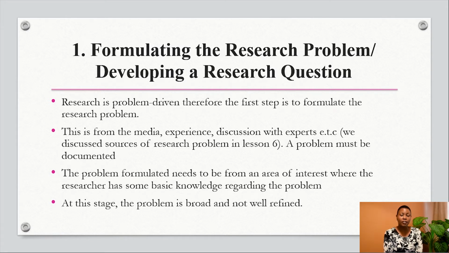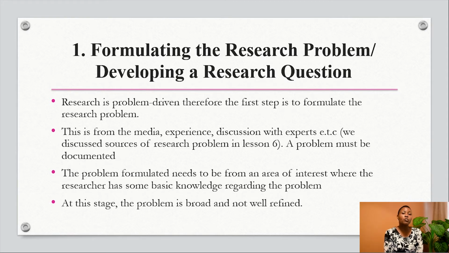In lesson 6, we discussed sources of problems, and we mentioned some of them as the media, experience, discussion with experts, etc. But remember, we said that a problem needs to be documented, and the documentation must be from a credible source.